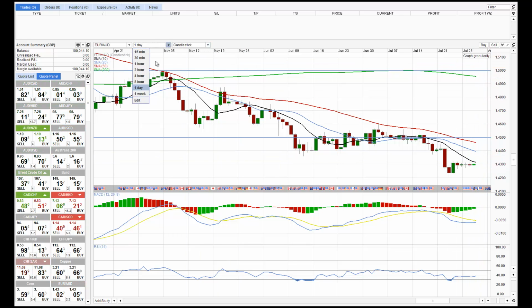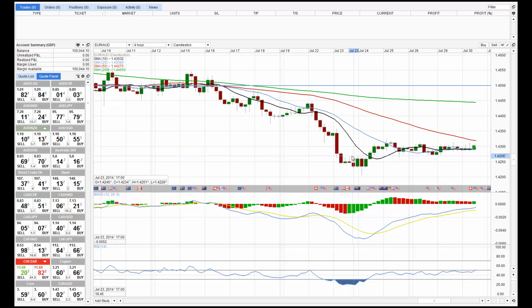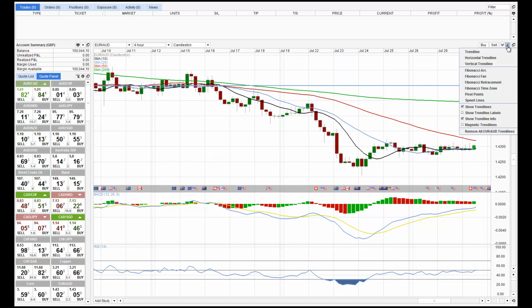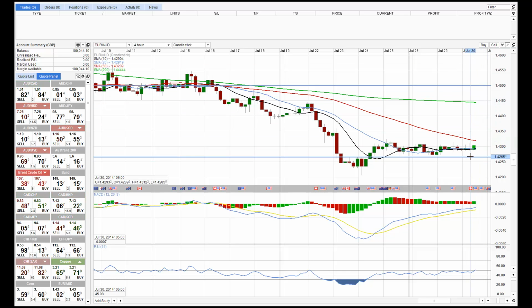So what I'm looking for is, if we come down to the lower time frames, like the 4-hour chart, you can start to see here, if I mark a couple of levels through the current price action, that we've certainly got a couple of levels that bracket this sideways consolidation.